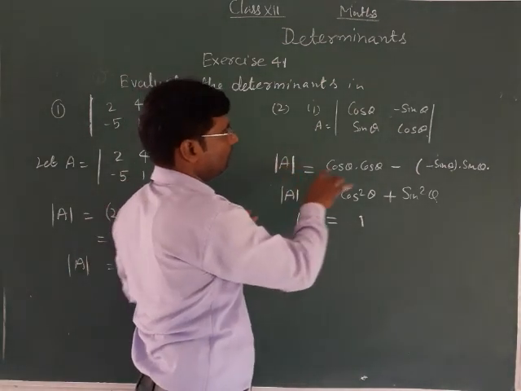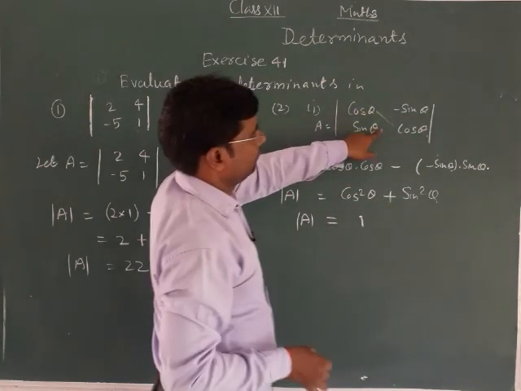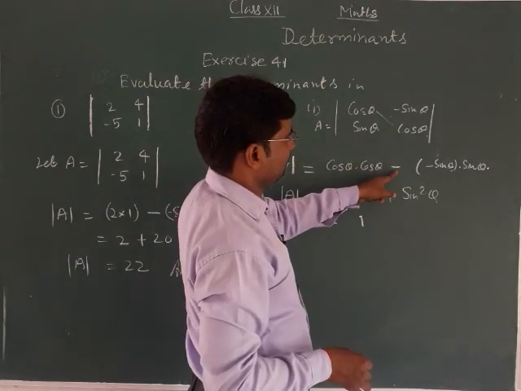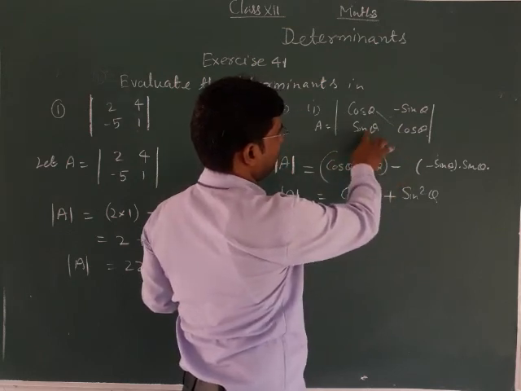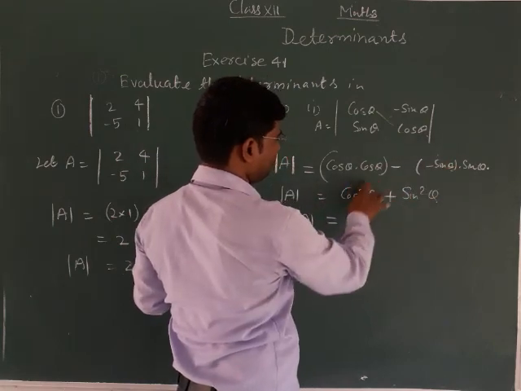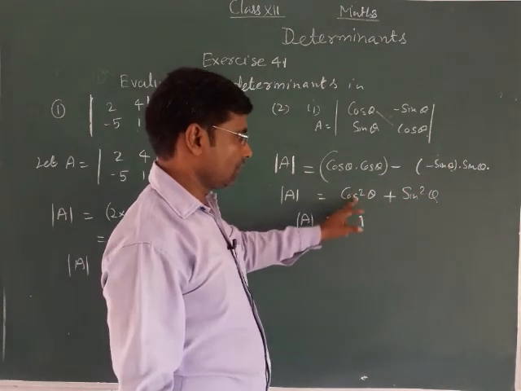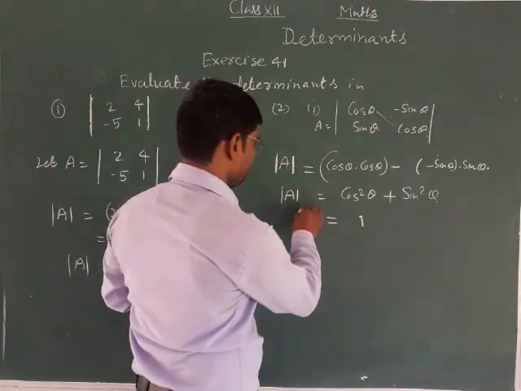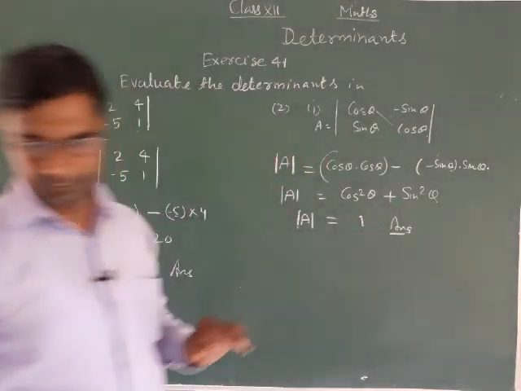Determinant of A is cos into cos minus sin into minus sin. That is cos square theta plus sin square theta, the trigonometric identity, whose value is 1. So determinant of A is 1. This is the answer.